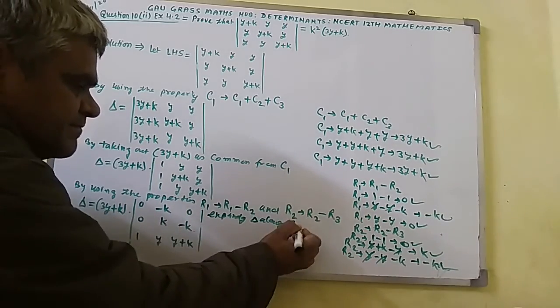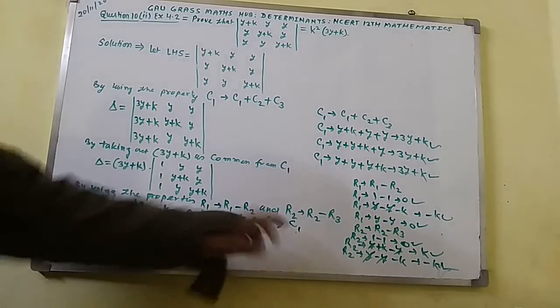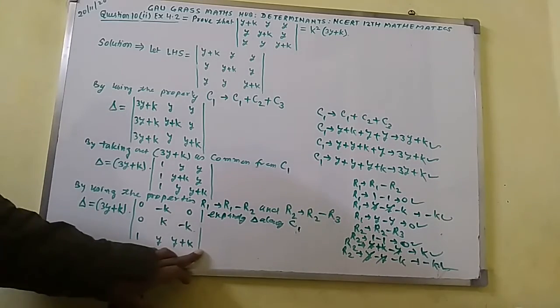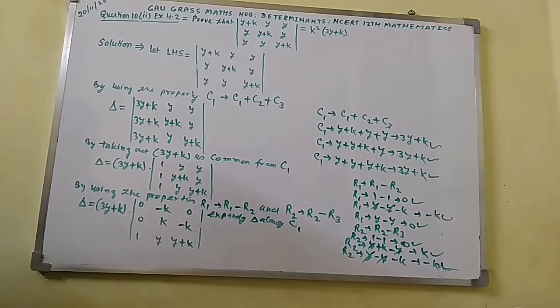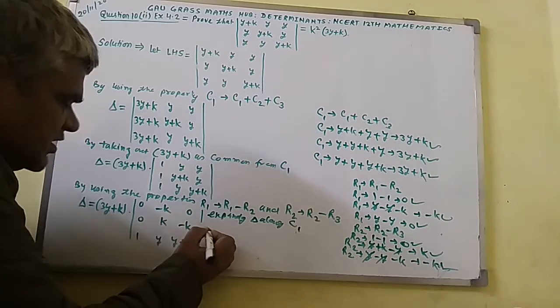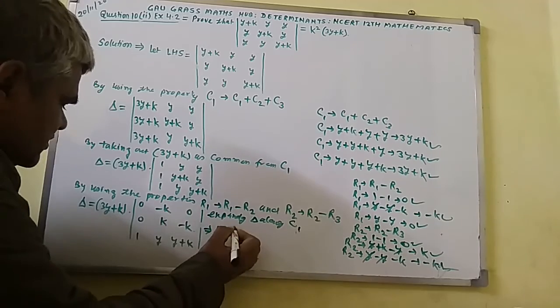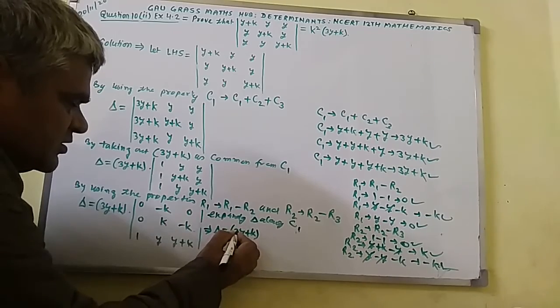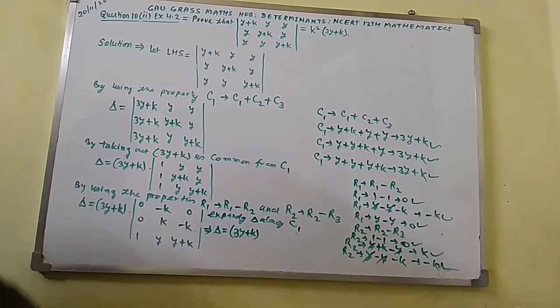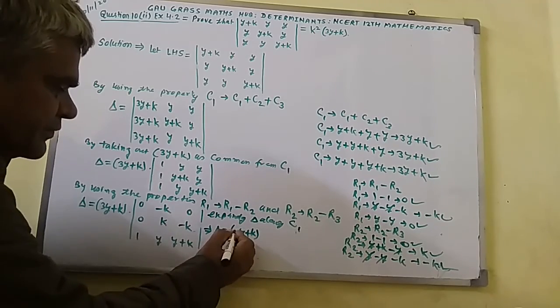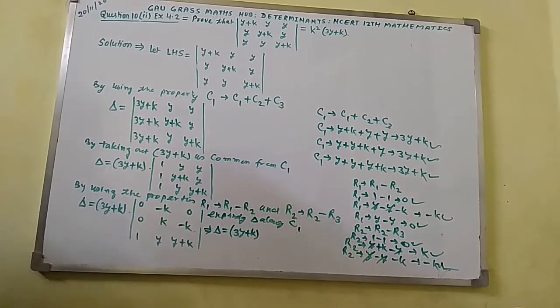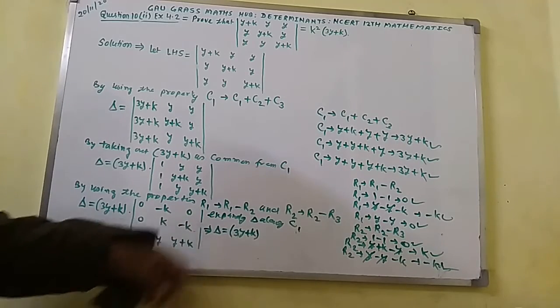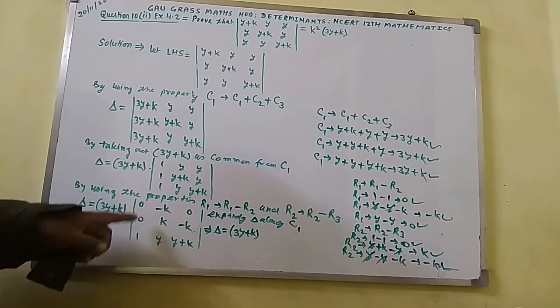Expanding the determinant along C1, you will get easily that the determinant equals this thing: 3y plus k will be written as it is. And expanding this determinant along C1, the signs will become plus, minus, plus.